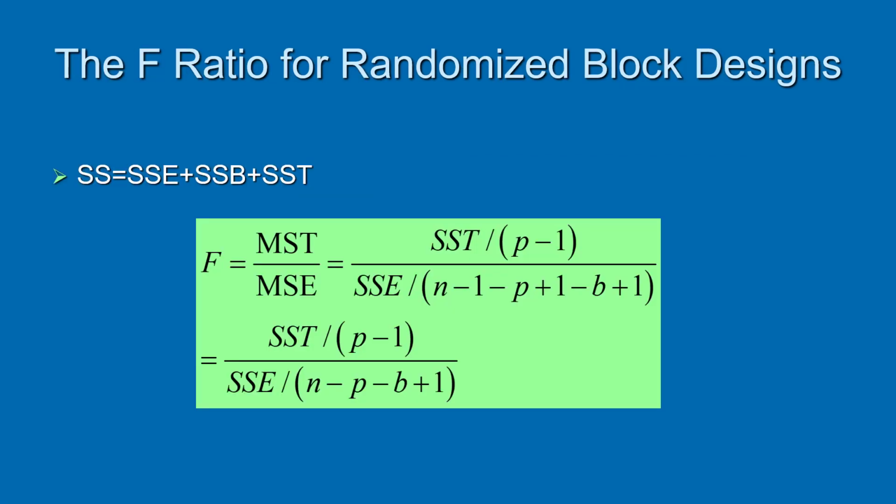It can be shown that the total sum of squares for the randomized complete block design can be partitioned into three components, one each attributable to blocks SSB, treatments SST, and error SSE. The total variation needs to take into account the variation due to the blocking factor. The formula for calculating the F ratio is shown here.